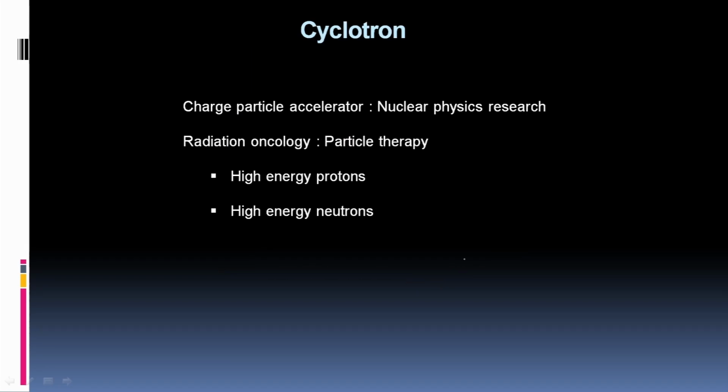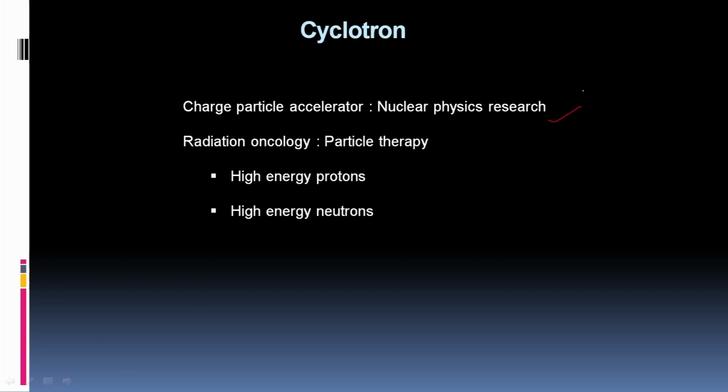Now our last equipment is the cyclotron, a very important equipment used for multiple purposes. It is used as a charged particle accelerator, and is widely used for nuclear physics research. But in radiation oncology we use particle beams, as we use the electron beam, the photon beam and gamma radiation.